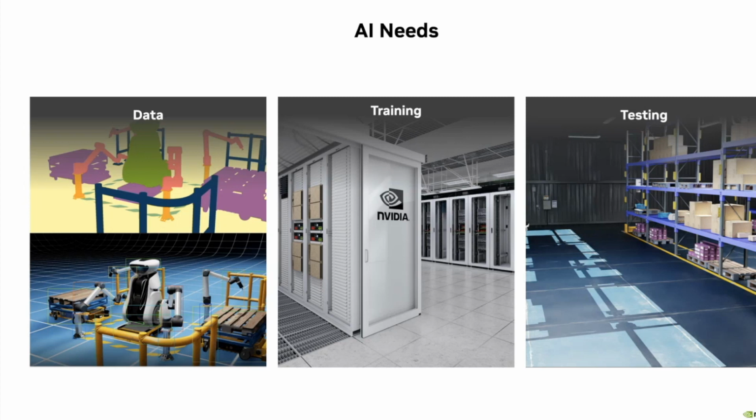The second AI need is training, and by training we understand training infrastructure, AI models, AI architectures, and finally you also need to be able to test your models. You need to make sure that your AI models generalize well on all kinds of scenarios and in different environments.